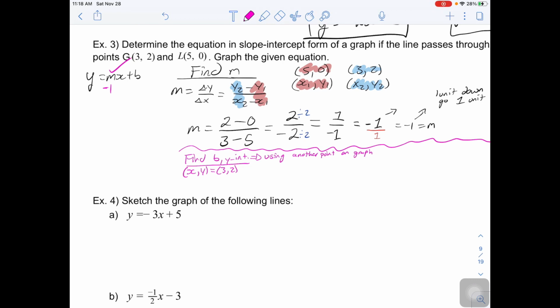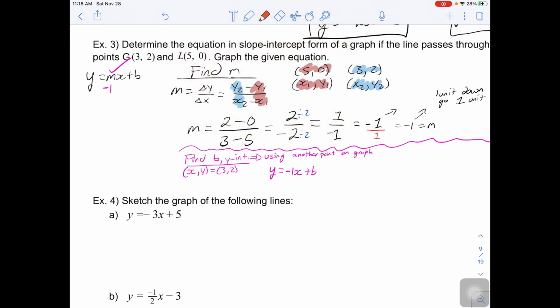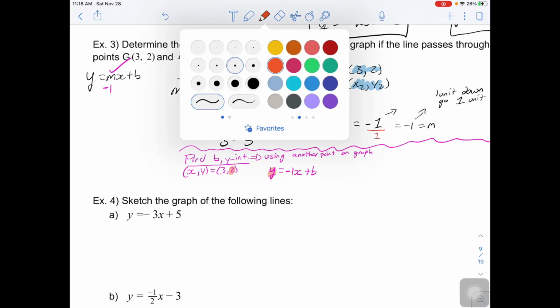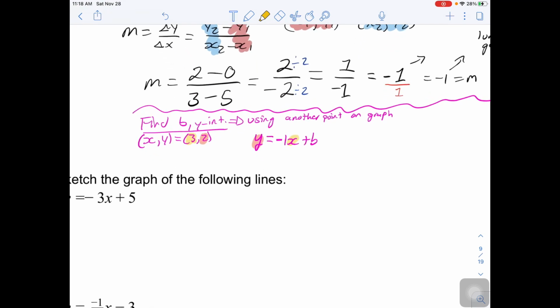So far my equation looks like this: y equals -1x plus b. Remember, x and y are just points on your graph. So when x is 3, y is 2. I'm going to plug these values in here, and then I can solve for b.